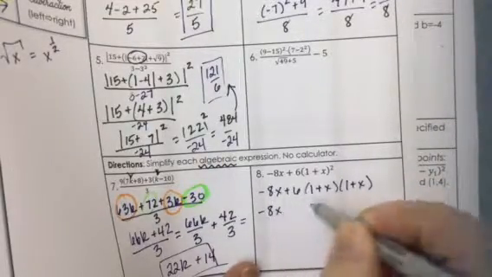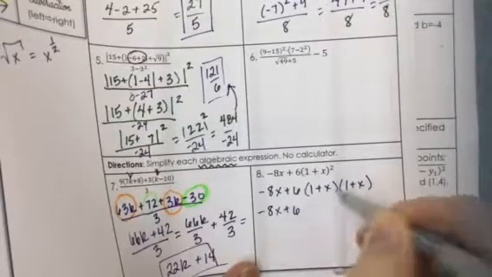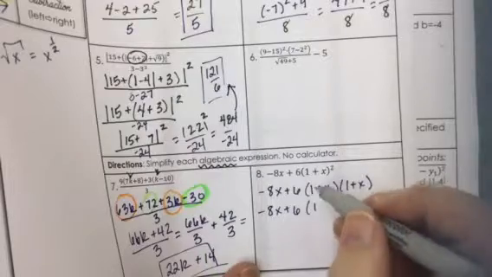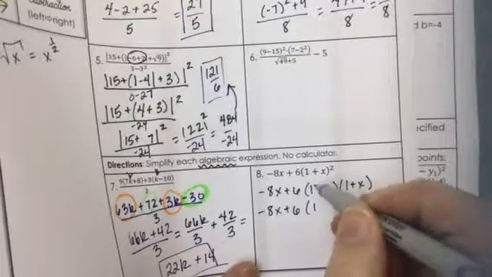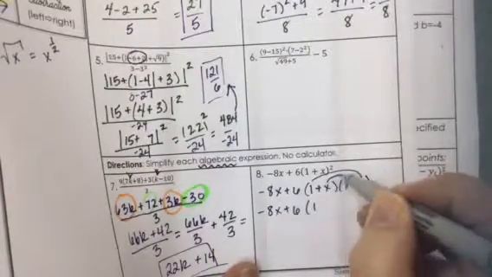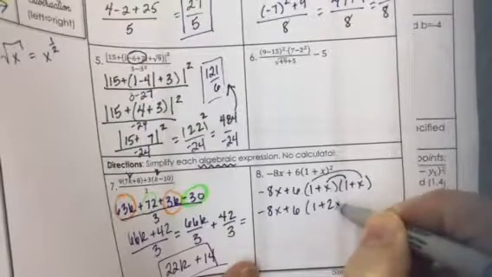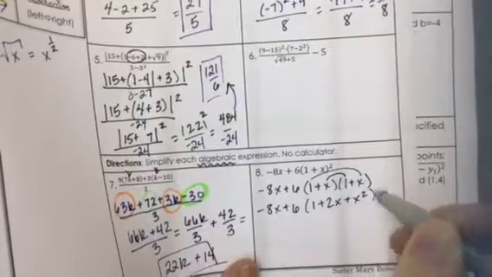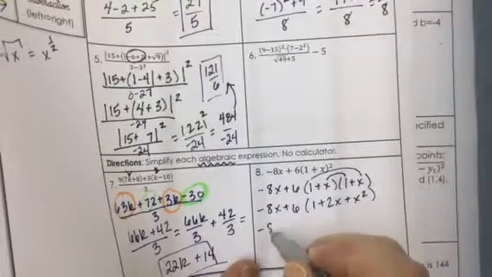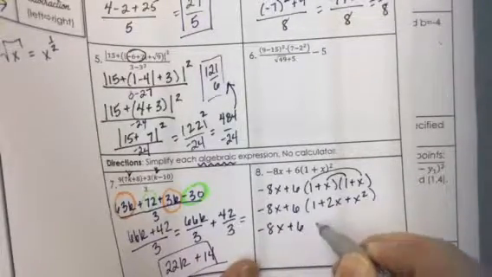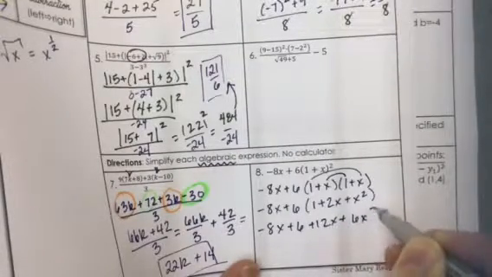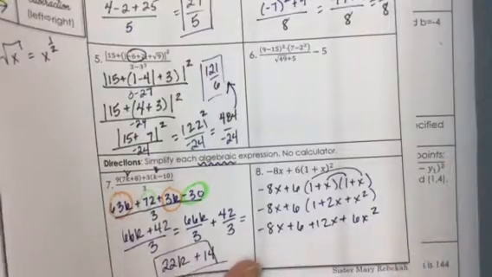So I have negative 8x plus 6. 1 times 1 is 1. And then I have 1x plus 1x is 2x. And then x times x is x squared. Now I can distribute the 6. So I have negative 8x plus 6 plus 12x plus 6x squared.